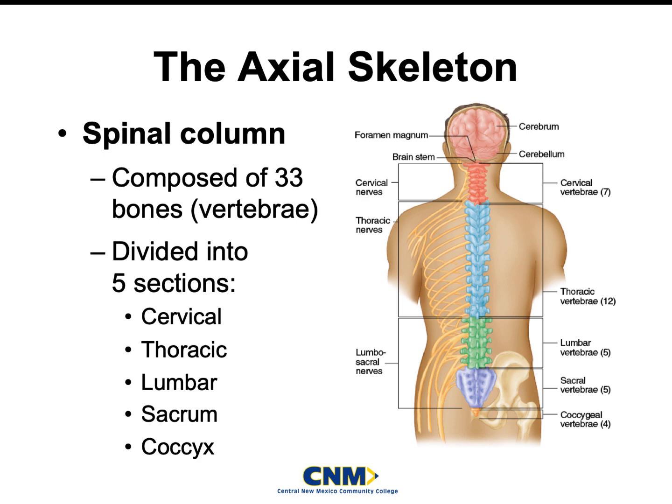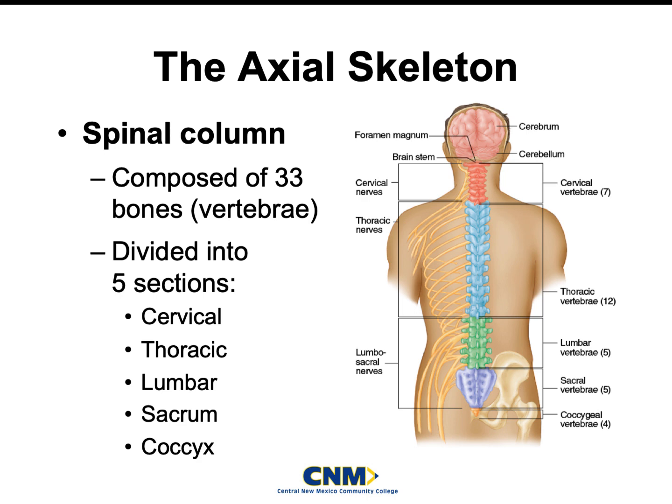Your thoracic starts kind of where your shoulders begin, and it goes down to right about the base of your ribs on the back, if you can picture that. That has 12 vertebrae.